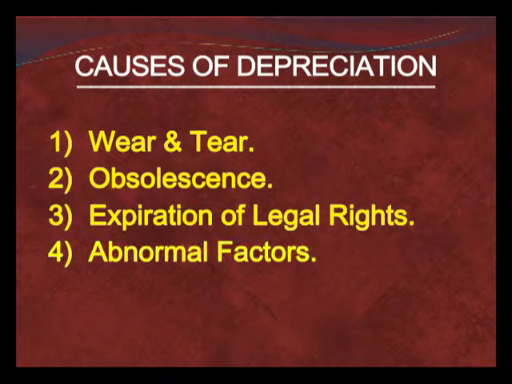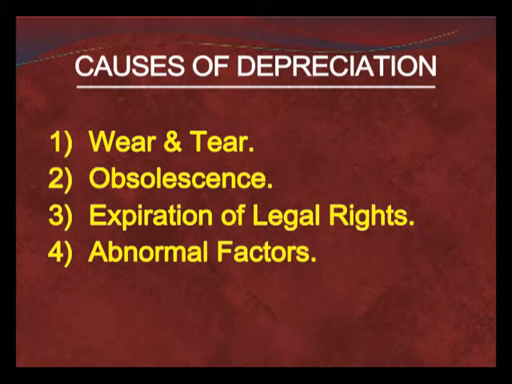Such kinds of assets are patents, copyrights, etc. The last but not least cause is abnormal factors. Abnormal factors are those factors which arise due to certain contingent events like accidents, earthquakes. So we have understood the various causes which affect the value of depreciation.